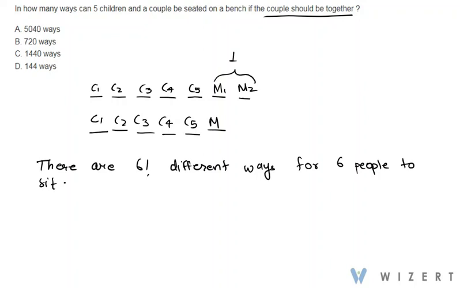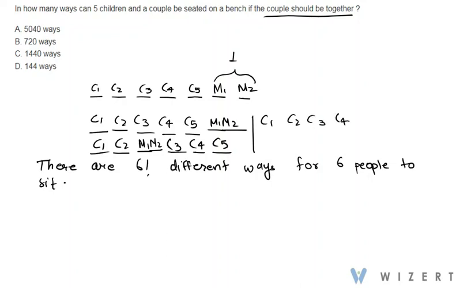For example, if I put something like this C1, C2, M, C3, C4, C5. Okay, now this is one of the combinations 6 people can be seated in. So in this combination, members of couple M1, M2, I can make them sit like this or I can make them sit like this, M1, M2 over here. But in alternate combination C1, C2, C3, C4, C5 and M2, M1.